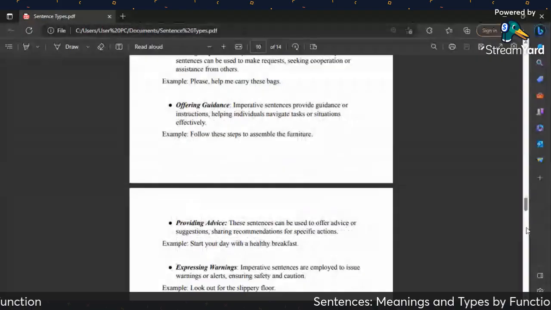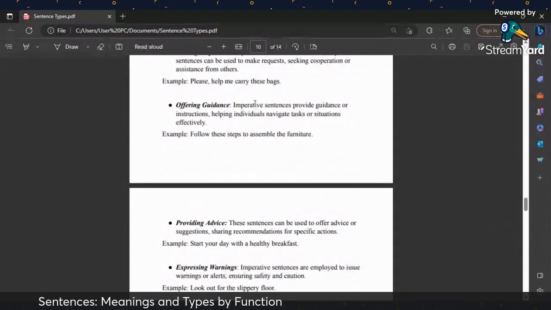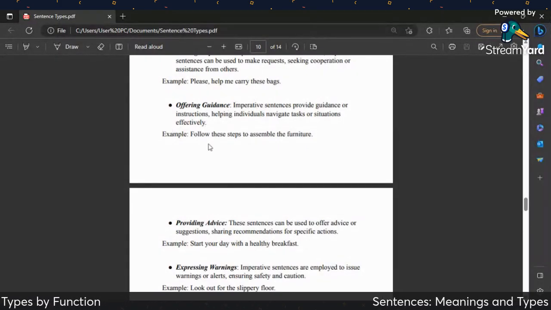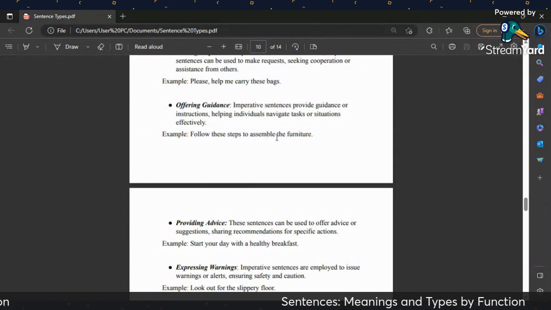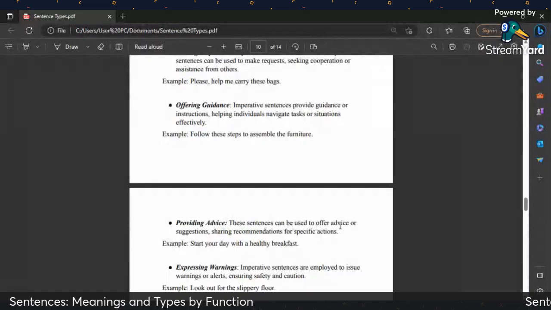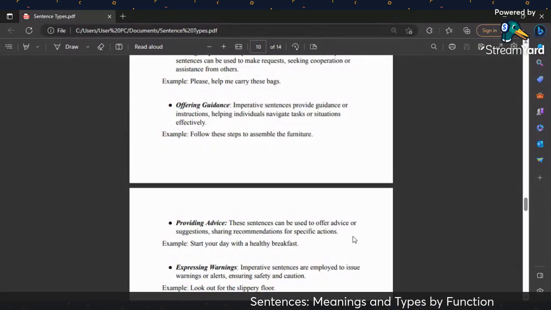Offering guidance: you can use the imperative sentence to offer guidance or instructions, helping individuals to navigate tasks or situations effectively. Follow these steps to assemble the furniture. As well, providing advice. These sentences can be used to offer advice or suggestions, sharing recommendations or specific actions. Start your day with a healthy breakfast.